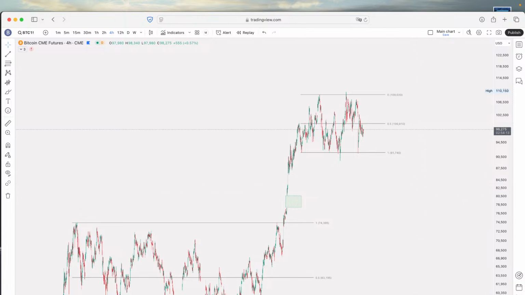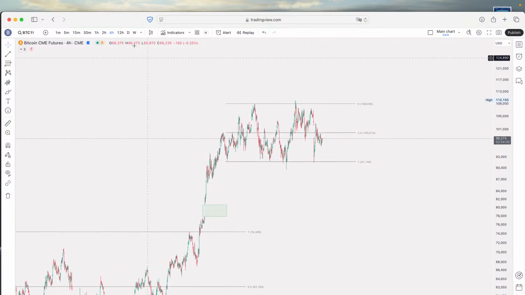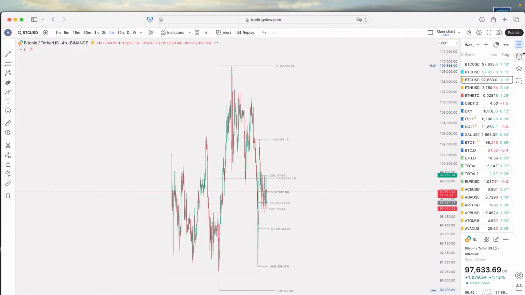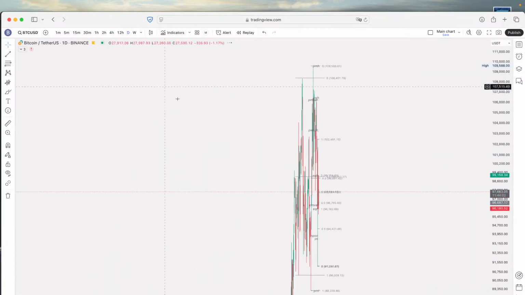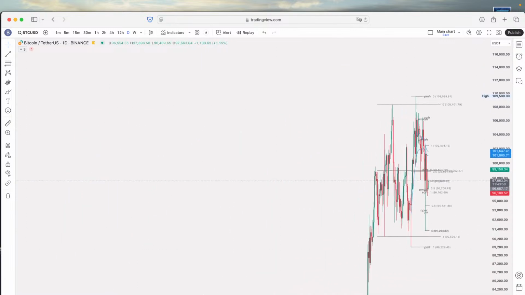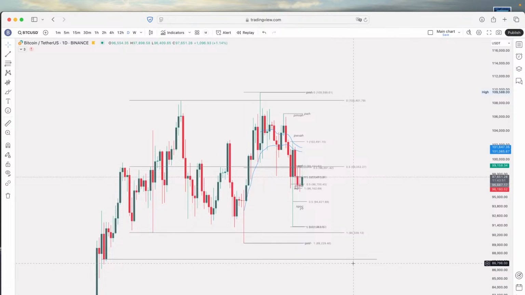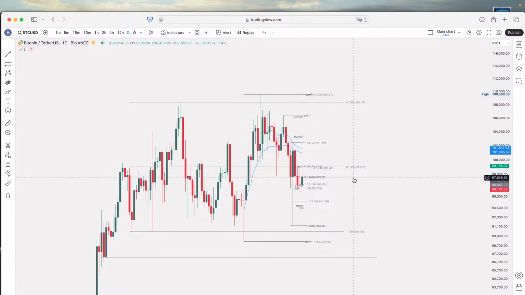I don't think it will be reaching that level straight. I think our first stop will be somewhere around the daily level formed here. Where does this daily level lie? It is somewhere around $87,000.